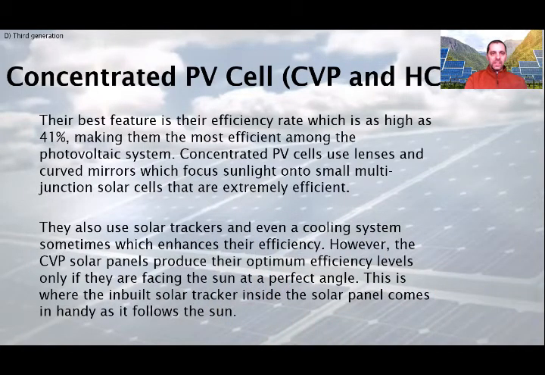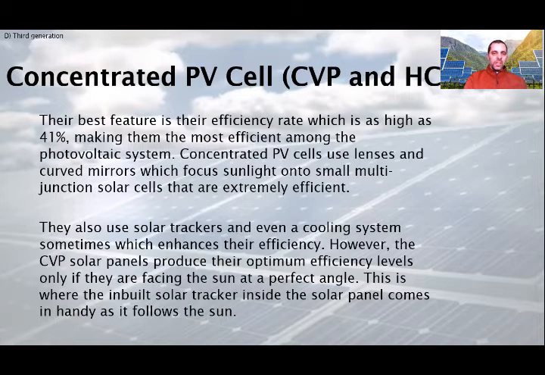Now, let's see the concentrated solar cell. The system may be familiar from the converting solar energy to heat video. In concentrated solar cell technology, a large amount of solar energy is concentrated over a tiny region of a solar cell. The principle of this technology is based on optics.